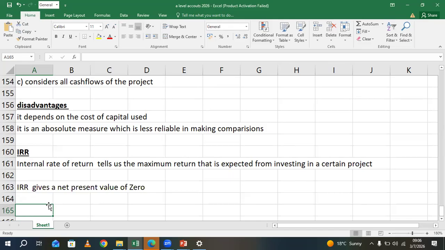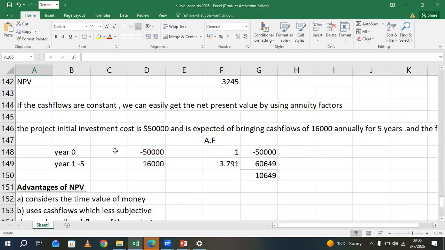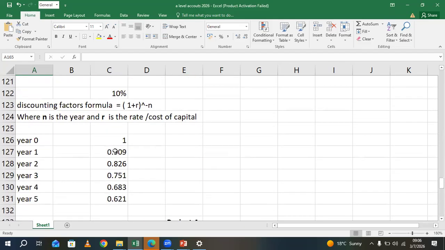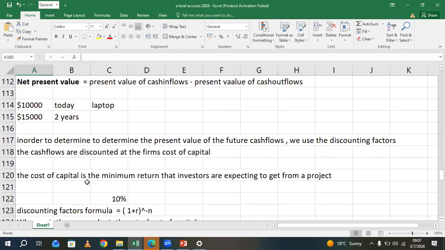So what is the decision rule? Before we look at the question, how we apply the IRR, what is the decision rule? For internal rate of return, this is the maximum that we're expecting to get from the investment. Remember last time we talked about the cost of capital. The cost of capital is the minimum return that investors are expecting from the project.